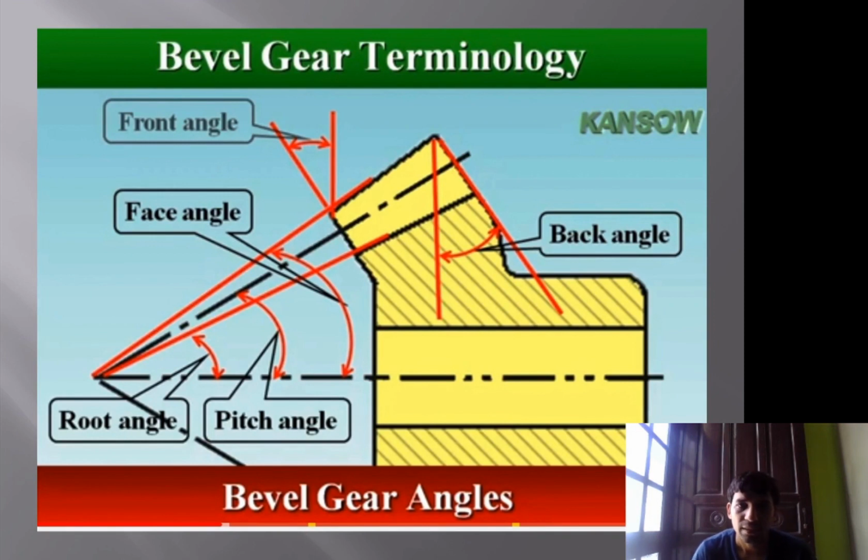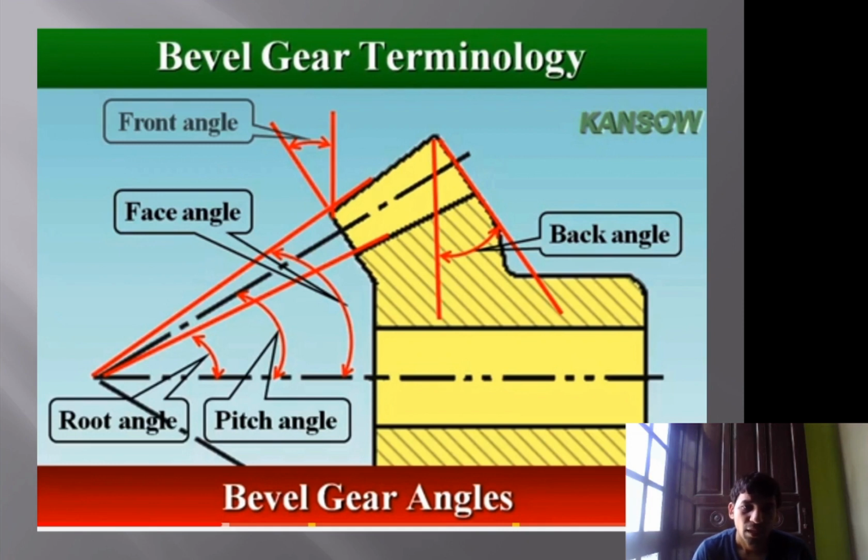Next are the front angle, face angle, root angle, pitch angle and back angle. Students, in the given figure, the front angle is the angle between the front of the tooth and the vertical. Similarly, the back angle is the angle between the back of the tooth and the vertical. The angle between the root of the tooth and the axis of the shaft is known as the root angle.